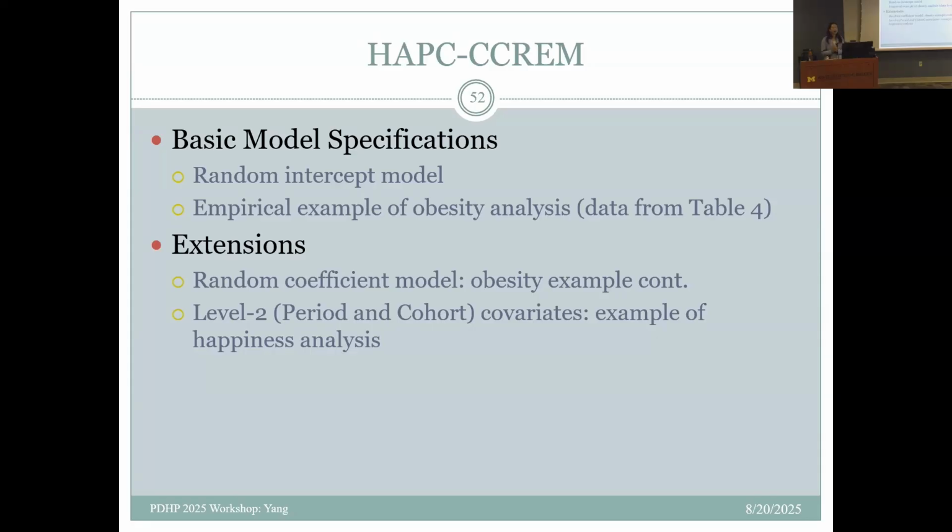And then I'll talk about two readily available, relatively straightforward extensions based on the basic model, moving from random intercept to a random coefficient model, continuing the obesity analysis. And then another extension is to add level 2, or period and cohort level, covariates using an example of the happiness data from a different data set.